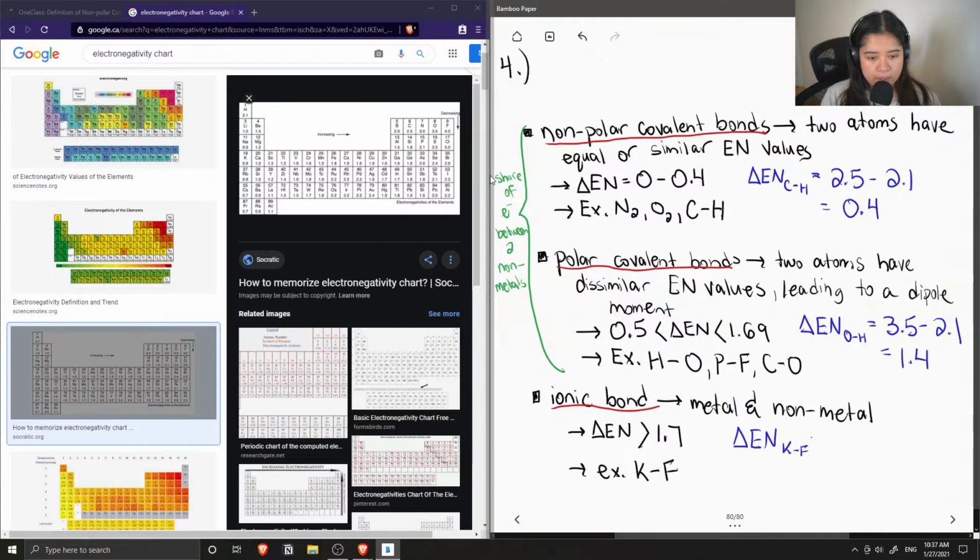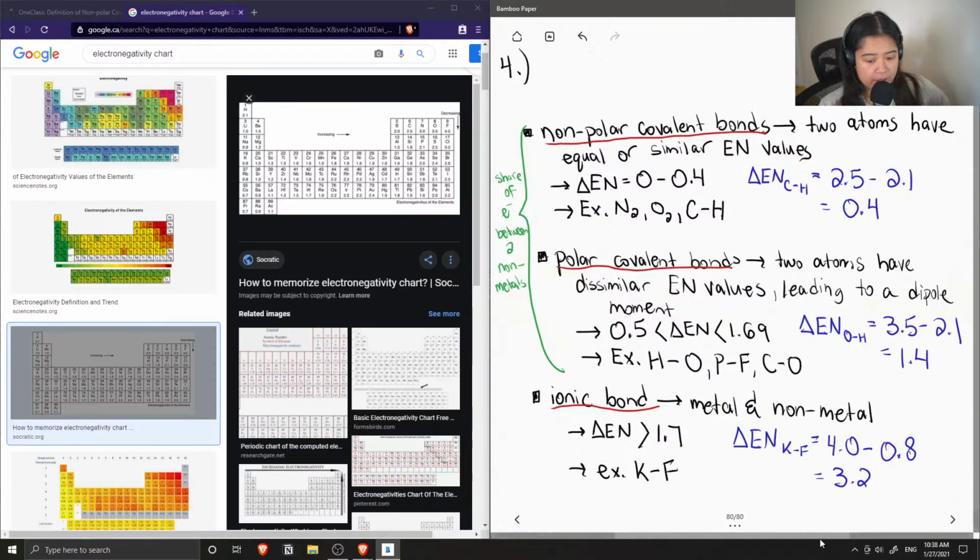If we were to look up their electronegativity values, fluorine has an electronegativity of 4, and potassium's is only 0.8. So we get a really high electronegativity difference of around 3.2, making this potassium fluorine bond ionic.